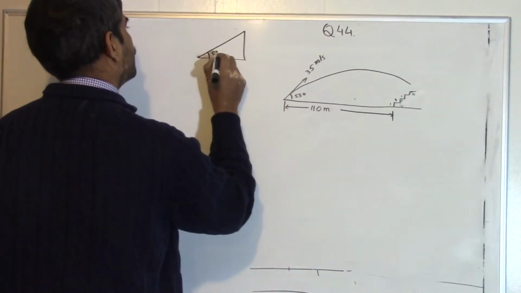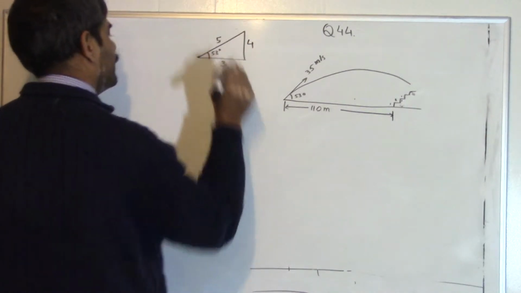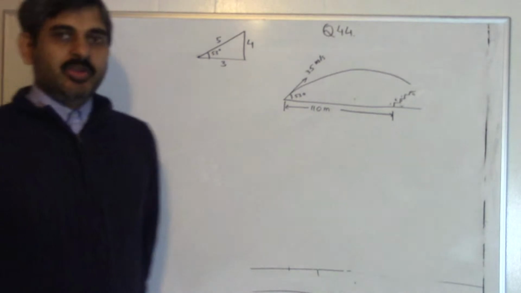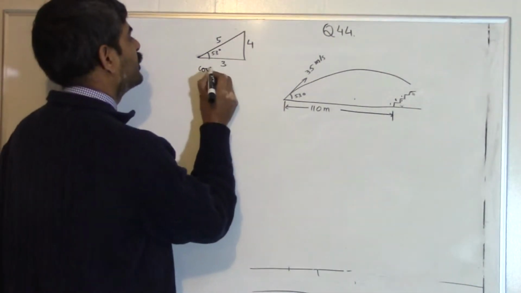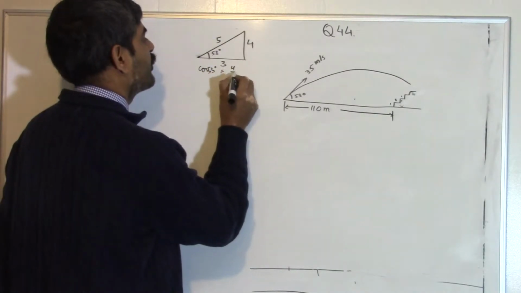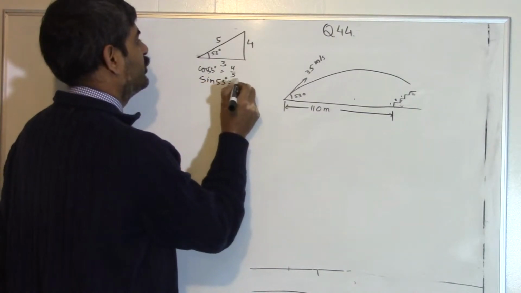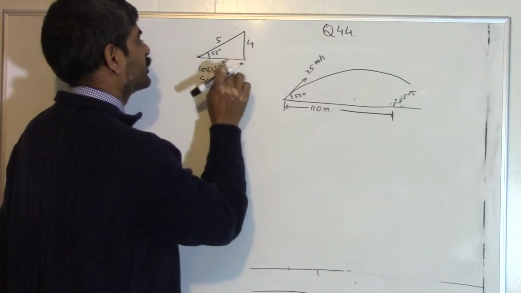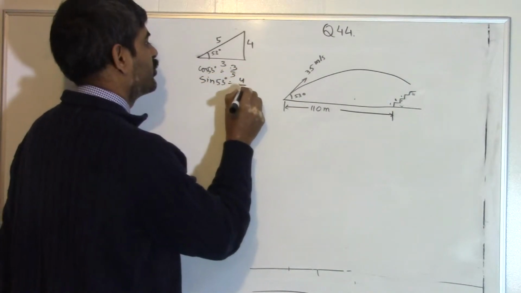For 53 degree, this is 4, this is 3, this is 5, the sides of a golden triangle, which means that cos 53 degree will be equal to 3 by 5 and sin 53 degree will be 4 by 5.